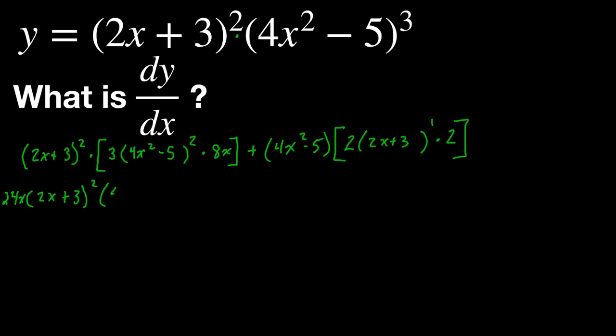And then we have a (4x squared minus 5) raised to the 2nd power. So now we have plus, we have constants of 2 and 2, so we'll put that together as 4. You have a (4x squared minus 5) and a (2x plus 3). That would be your derivative using the product rule.